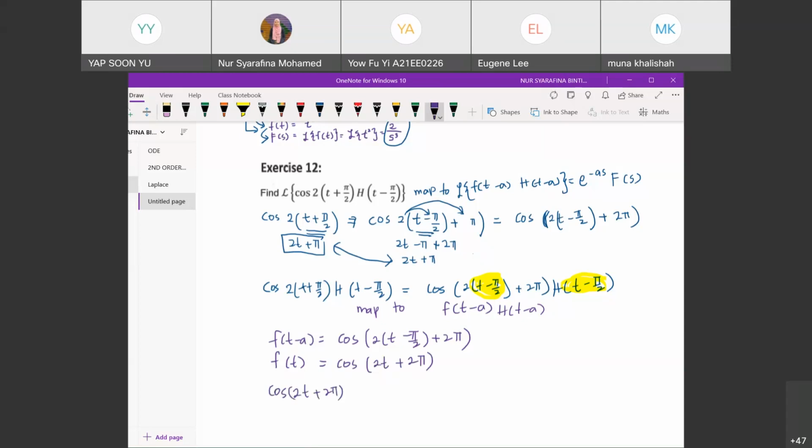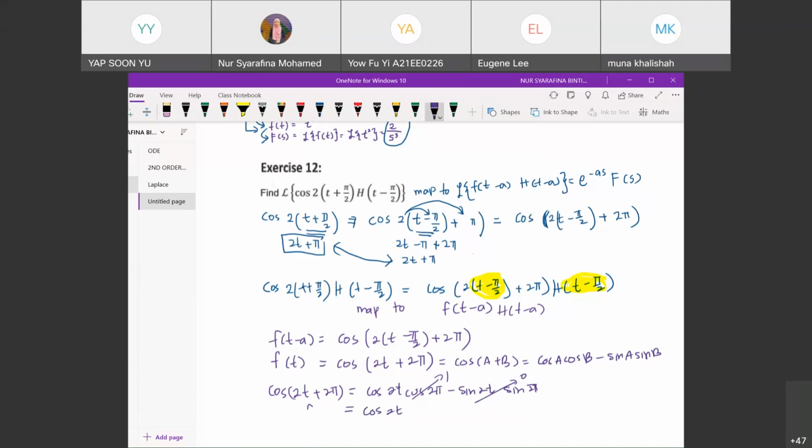simplify the function first. Cos 2t plus 2 pi is equivalent to, using cos a plus b equals cos a cos b minus sin a sin b, cos 2t cos 2 pi minus sin 2t sin 2 pi, where this is 0, this is 1, equals cos 2t, right?